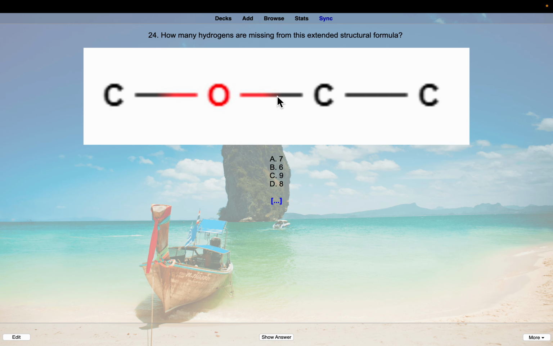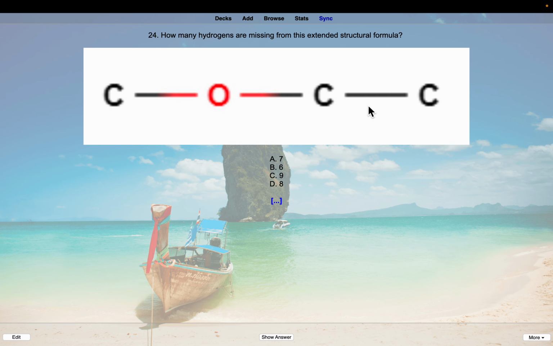Not sure. How many hydrogens are missing from this extended structural formula? So it is apparent that we have 3 carbon atoms and we only have single bonds, just single lines. The story could possibly be changed if, for instance, on the right side we have a triple bond or a double bond, because that would reduce the number of hydrogens.